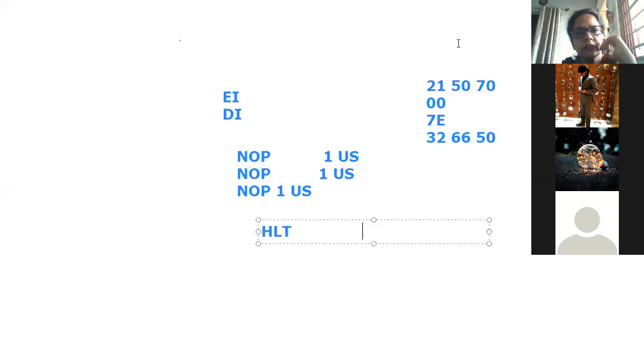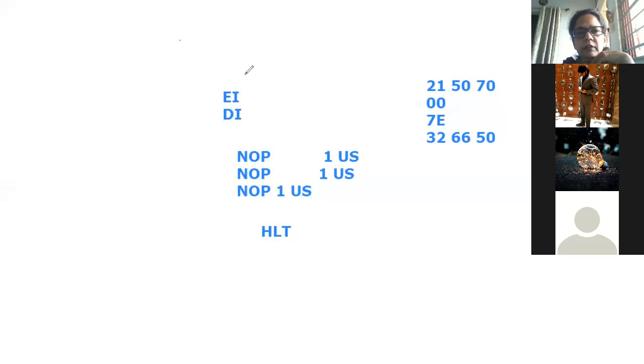So this completes your second chapter, that is the instruction set. I still have to take the T state, machine cycle and instruction cycle. Otherwise all instructions are over which will be required for you to write the programs of 8085 in practical.